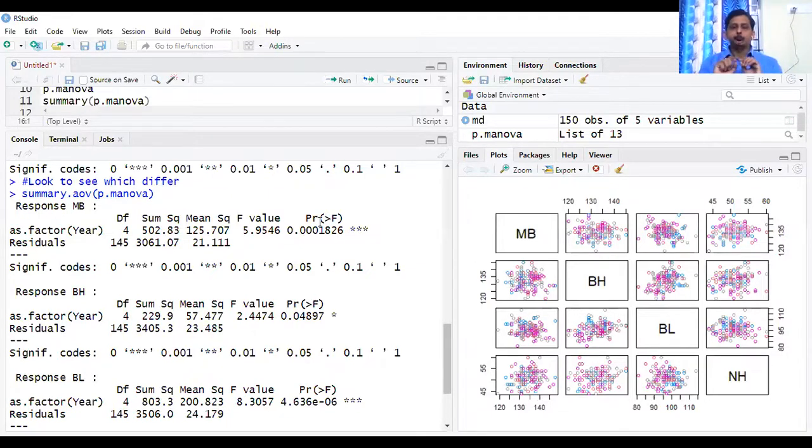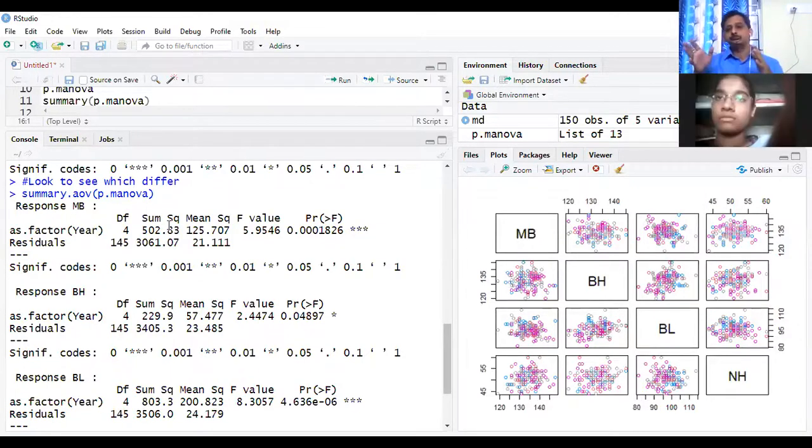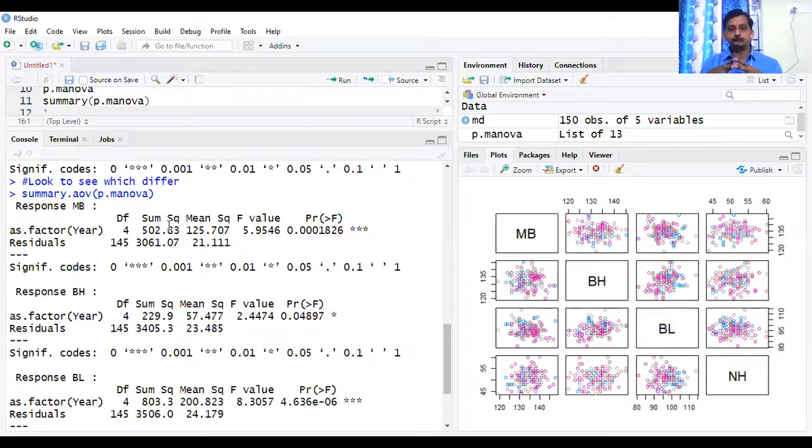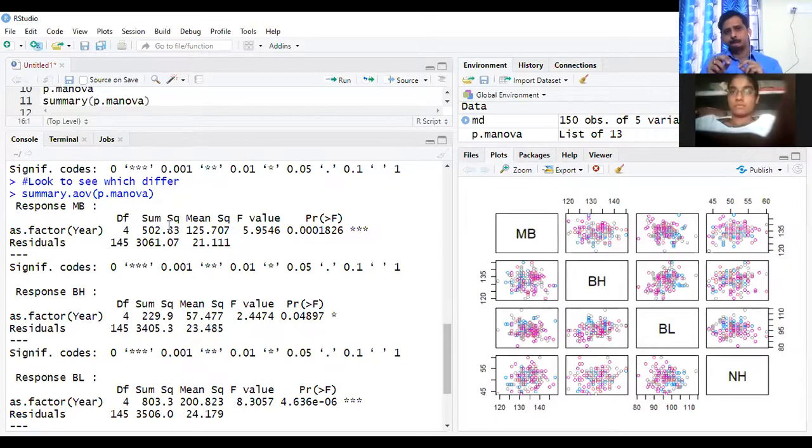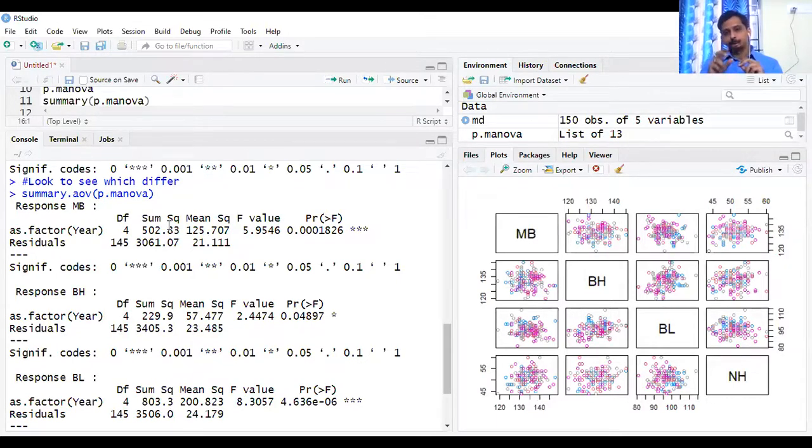Like this, all pairwise comparisons are to be made, because this result tells us that the breadth is varying across the years, but we do not know which pair of years differ significantly with respect to breadth. That we cannot address with this particular p-value.